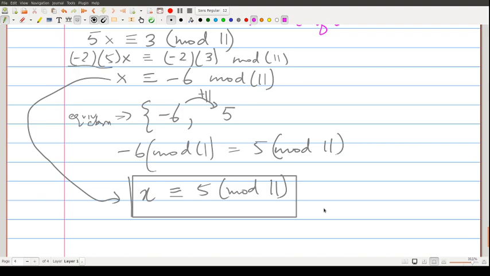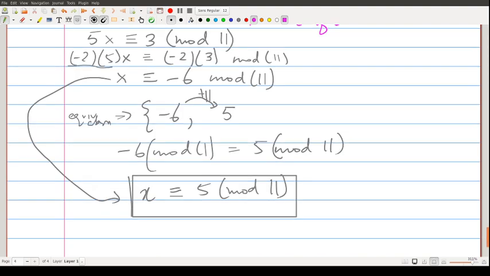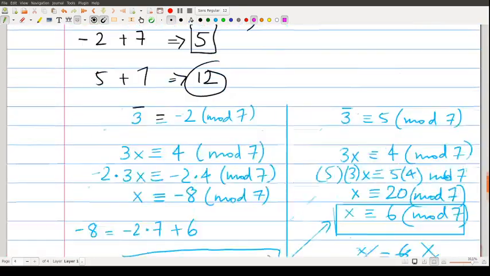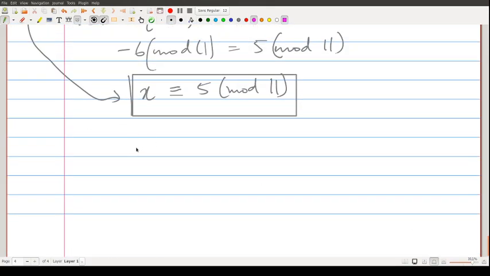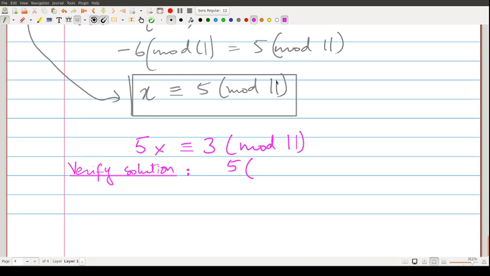And so perhaps you want to verify this solution, right? Let's say your equation that you were working in was 5x congruent to 3 mod 11. So let's verify this equation. X equals 5. Is that a solution or not? Let's verify the solution, and the way to do it is like this. 5 times the solution that I found, which was 5, is 25.